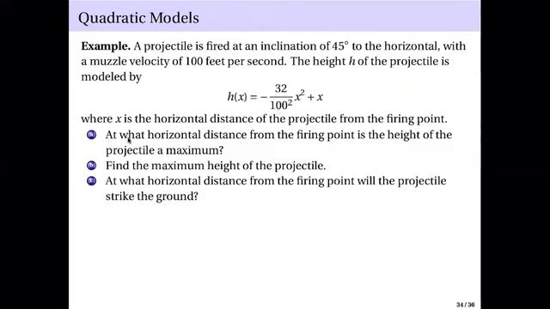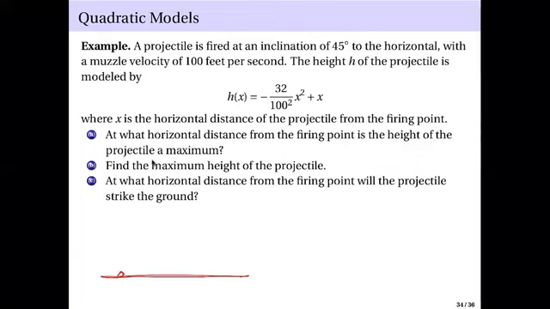For part A, at what horizontal distance from the firing point is the height of the projectile maximum? Let's look at the situation. Suppose this is your ground, and this is your firing point.